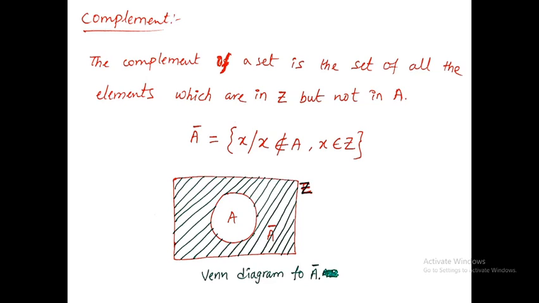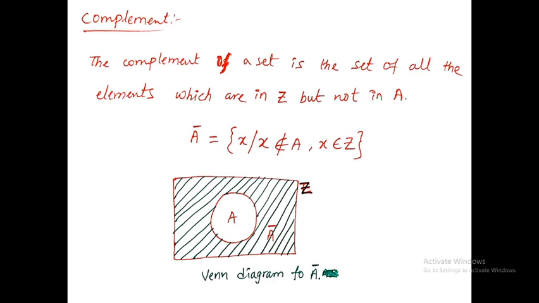Next, complement. The complement of a set is the set of all the elements which are in the universe of discourse Z but not in A. In the equation, A complement, with a line above it, or A superscript C, is what represents the complement.